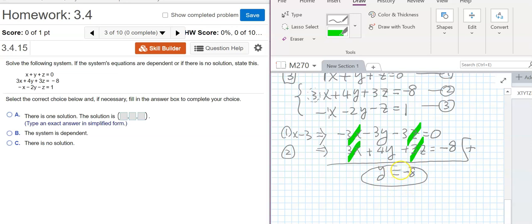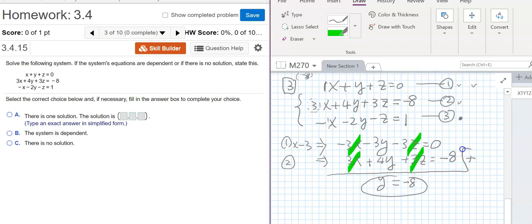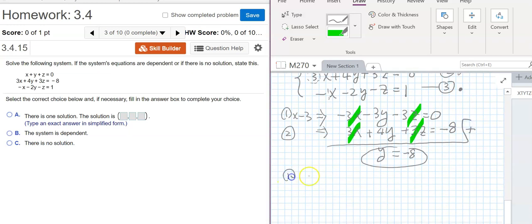Okay. So now I'm going to plug into the equations. I didn't use equation 3. You have to use each equation at least once. I just used 1 and 2. So now I'm going to use 1 and 3, with y equals negative 8. So the first equation again is x minus 8 plus z equals 0.